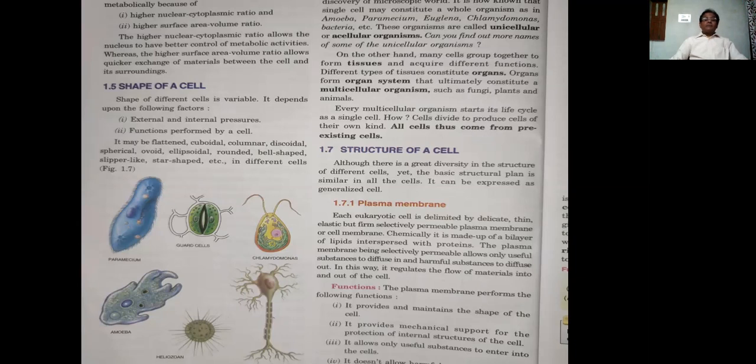It maintains the shape of the cell. It provides mechanical support for the cell. It is semi-permeable, meaning it does not allow everything to cross. It is selectively permeable. It allows only certain things to cross the cell membrane. So, the semi-permeable nature of the cell membrane is very important.